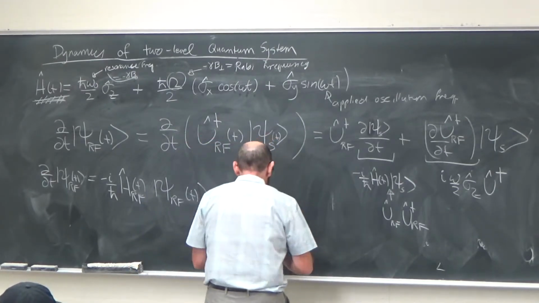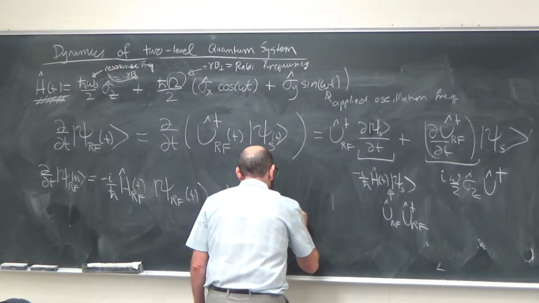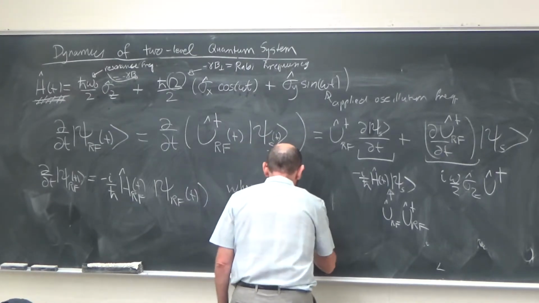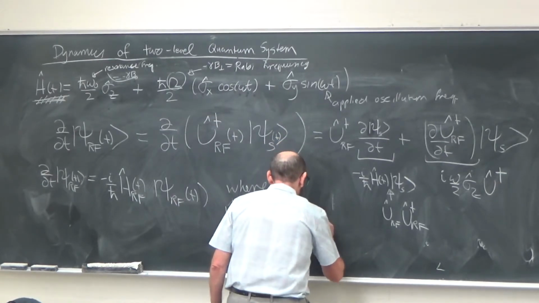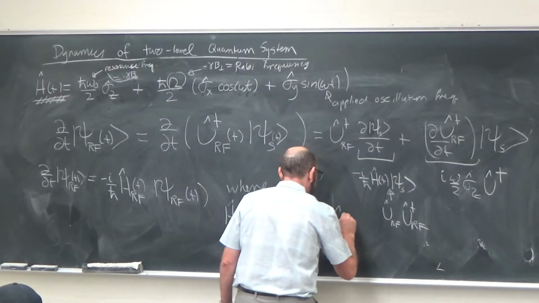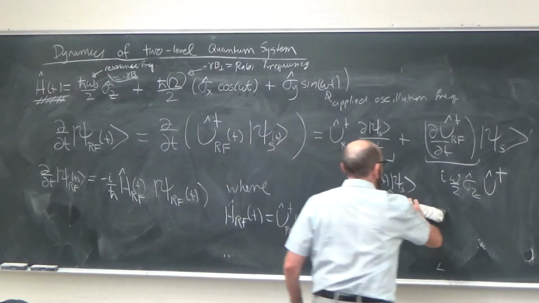So, what we have here is that the state in the rotating frame evolves according to a Schrodinger equation with a new Hamiltonian. The new Hamiltonian is the unitarily transformed old Hamiltonian, but it has an additional term in it.